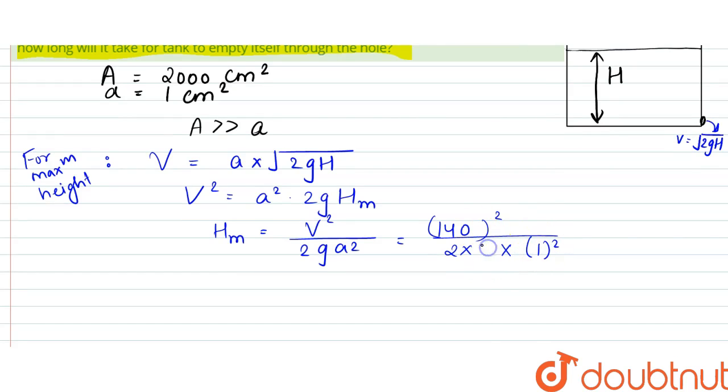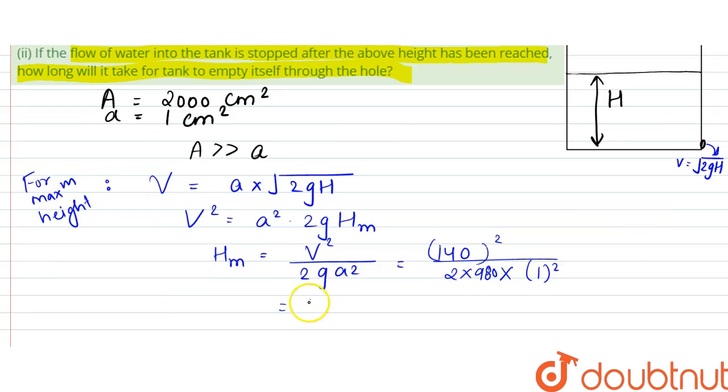We could write this as 9.8 meter per second square, so we can write it in centimeter per second, that is 980, into 1 square. When we calculate this value, it turns out to be equal to 10 centimeter. So height is 10 centimeter for the first question.